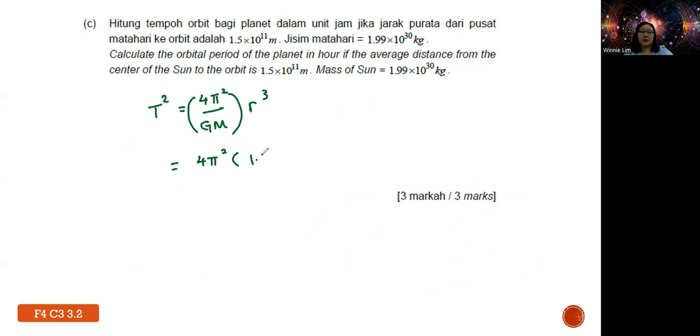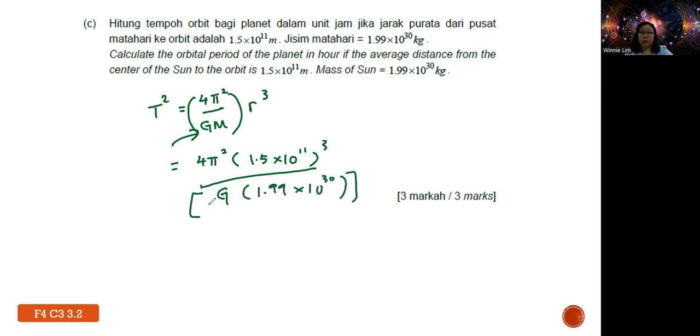The r itself is 1.5 times 10 power 11, then the whole thing you cube it, divide by g. G is the gravitational constant. Now, where can you get this value? Basically, you can get this value from the formula list, and then m is the mass of sun. So when you sub everything, remember this bottom one, you whole thing have to bracket.